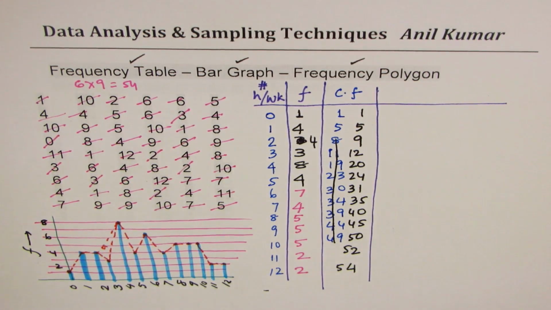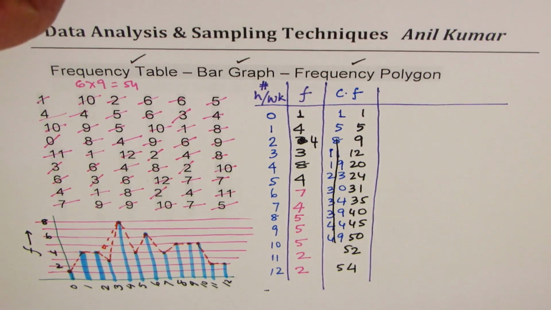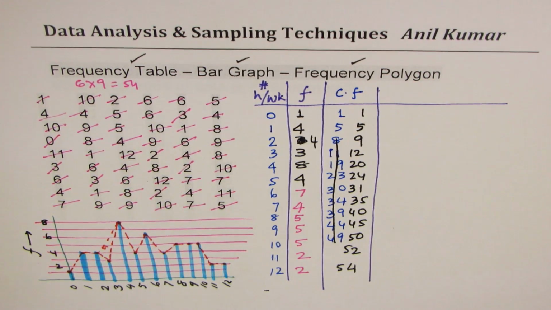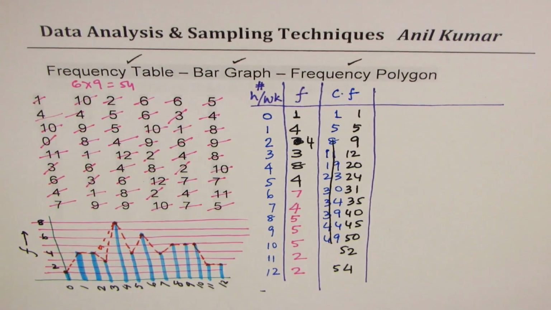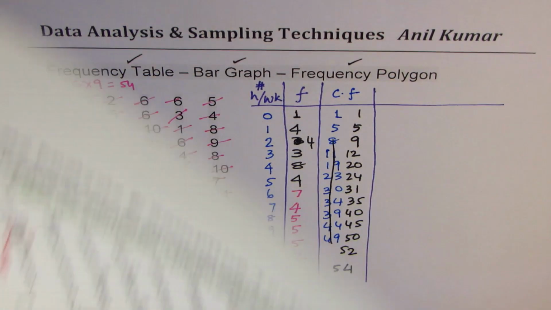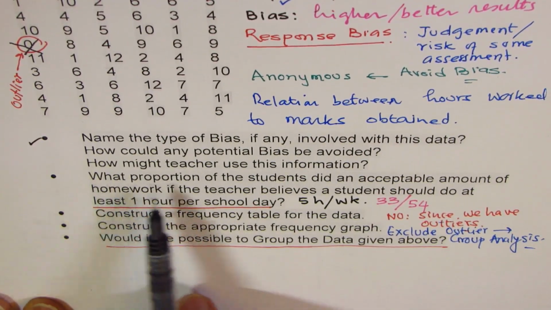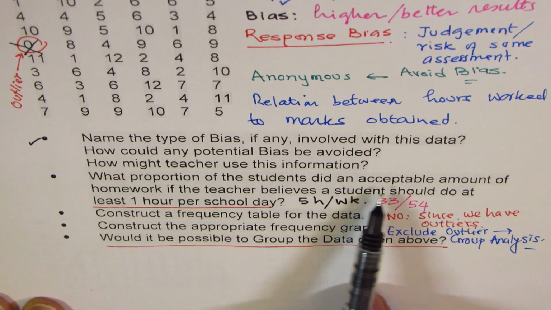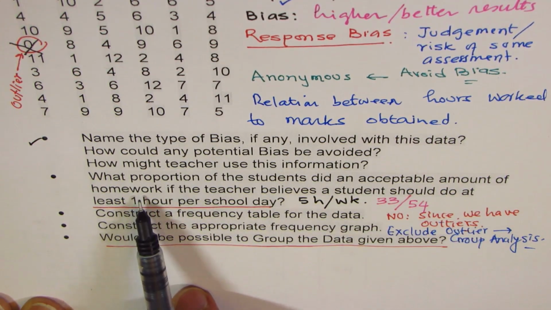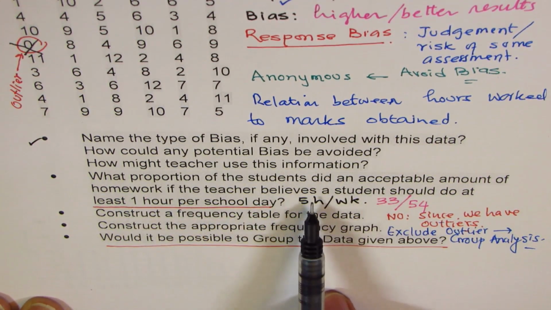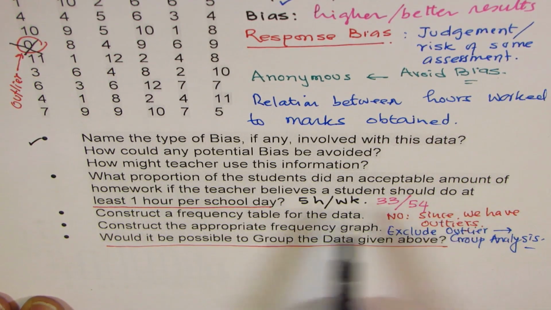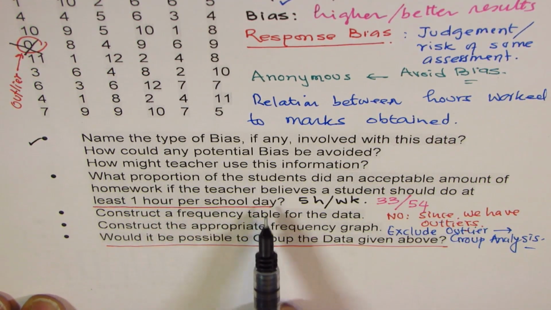There is one question which was asked last time, and we can check our result. Let me get back to that question first. Let me pick that question here. The question was: what proportion of students did an acceptable amount of homework if the teacher believes a student should do at least 1 hour per day?